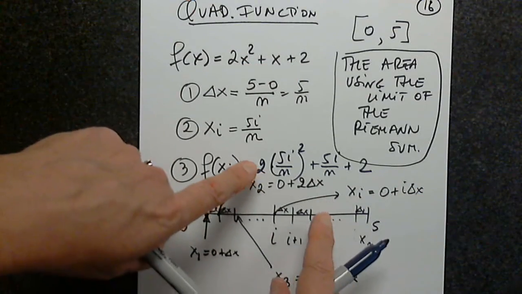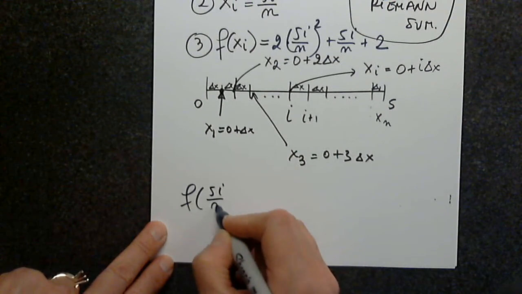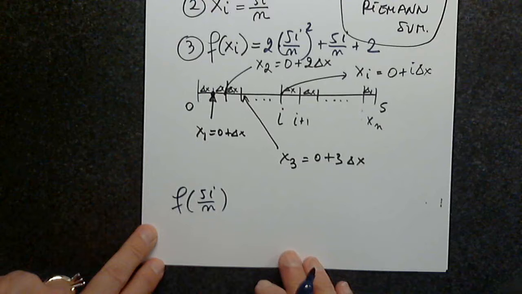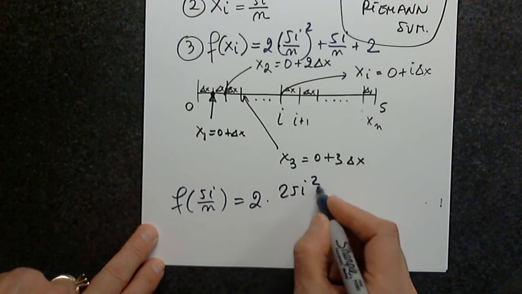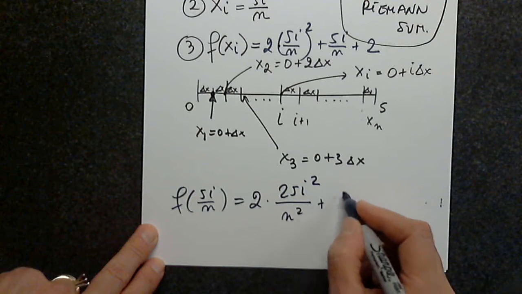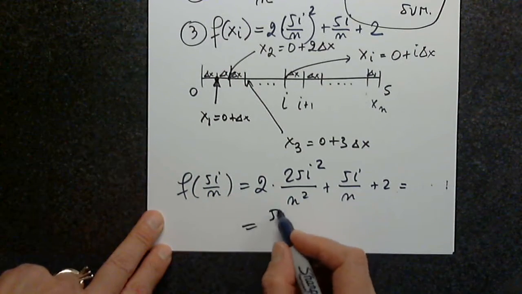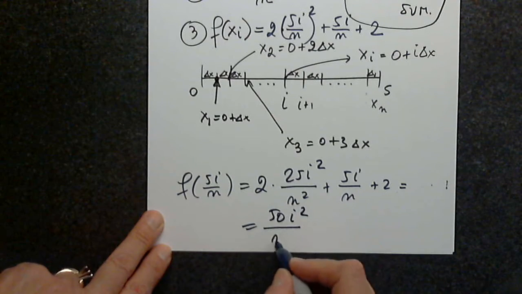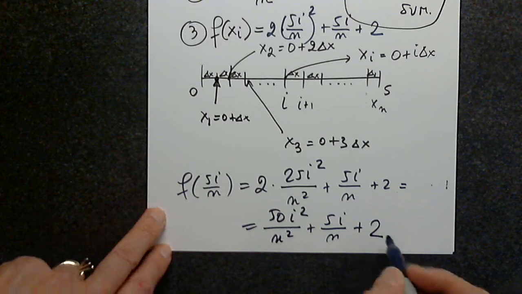But I have to simplify it as much as I can. So f of 5i over n, because that's our xi, will be 2 times 25i squared over n squared plus 5i over n plus 2, or 50i squared over n squared plus 5i over n plus 2.